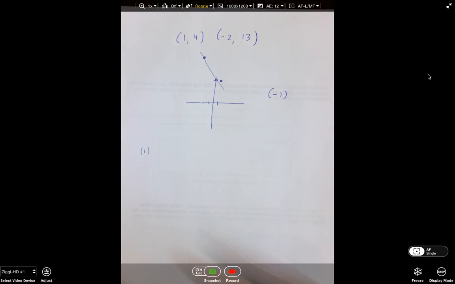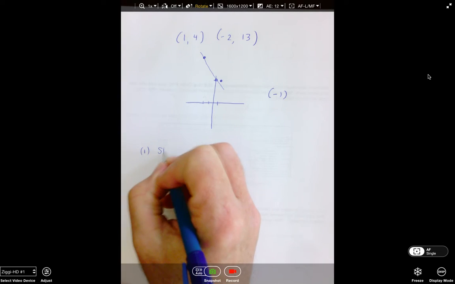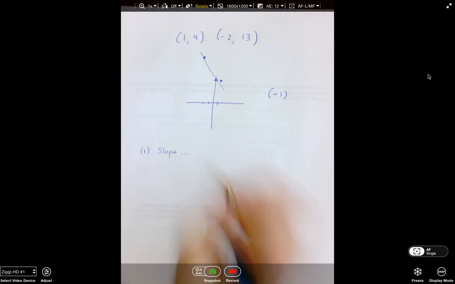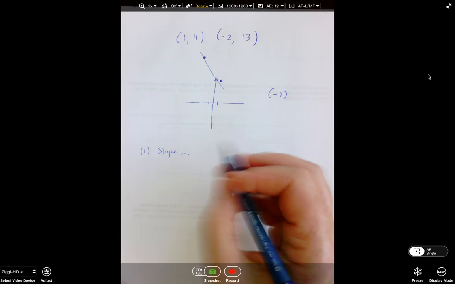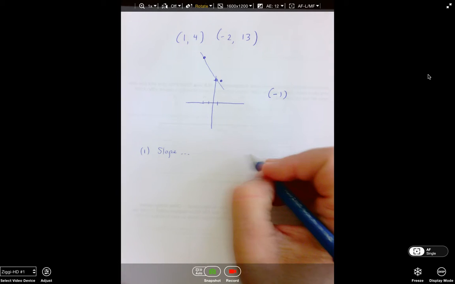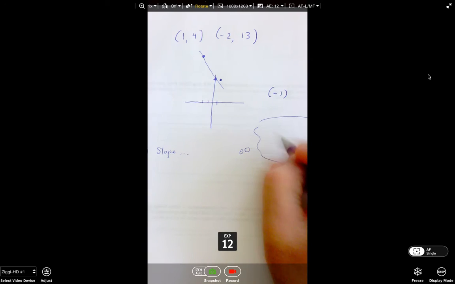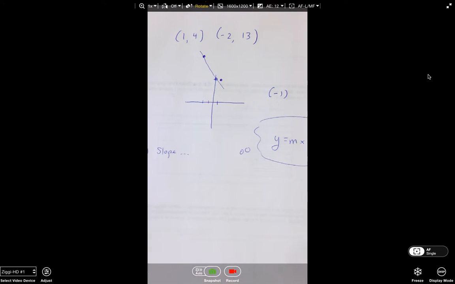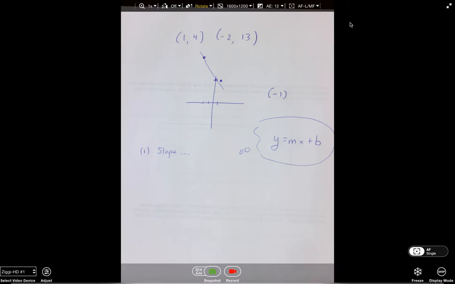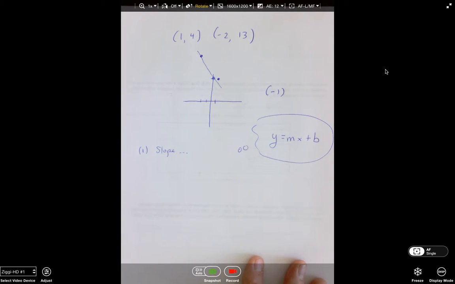The first thing I would want to do here is I would want to calculate the slope. And guys, keep in mind that the function that we are trying to create here is in the form of y equals mx plus b.